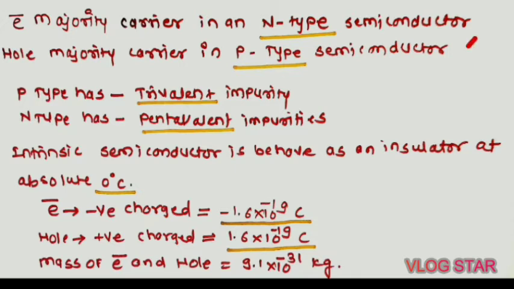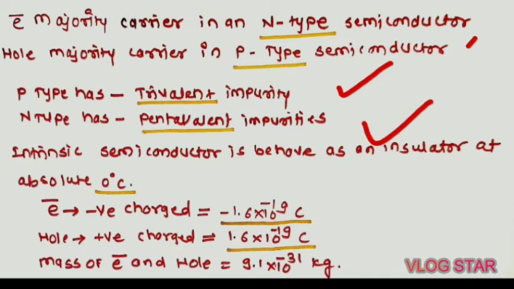The n-type and p-type semiconductors are called extrinsic semiconductors, as these are doped with external impurities, that is, p-type has trivalent impurity and n-type has pentavalent impurities.